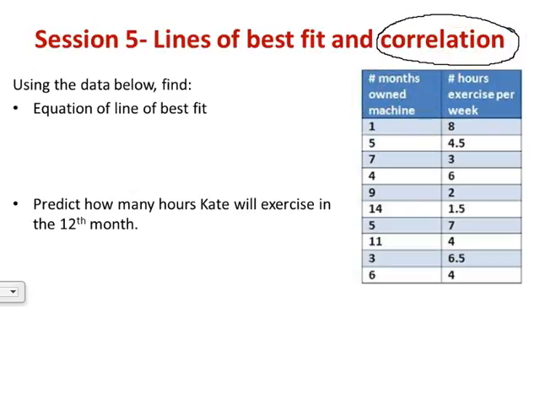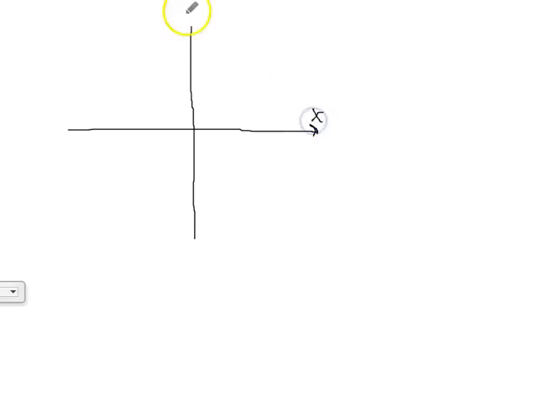So for example, if we were to plot some points on a coordinate plane, such as this, and we wanted to put a line of best fit in, there's a couple different ways that we can do that, and we're going to look at this week.